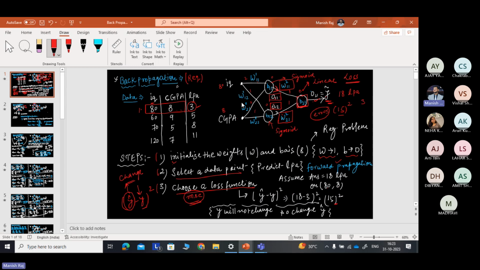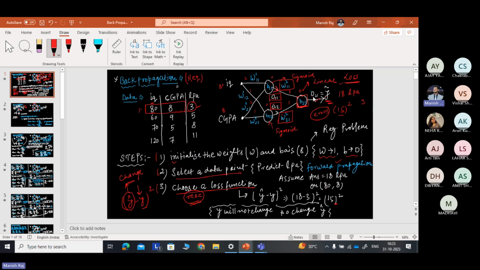That's why we are taking the name back propagation algorithm. But this time, what are you changing? You are not changing the input. You are changing the loss. So sometimes we can say the errors will propagate in the backward direction. In the forward direction, only the inputs propagate. In the backward direction, the losses or errors propagate.